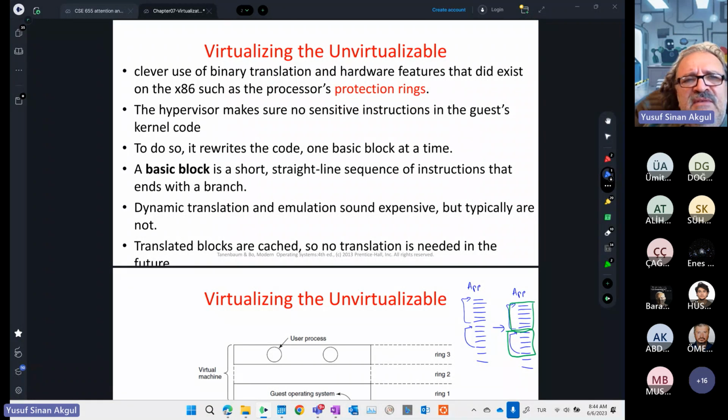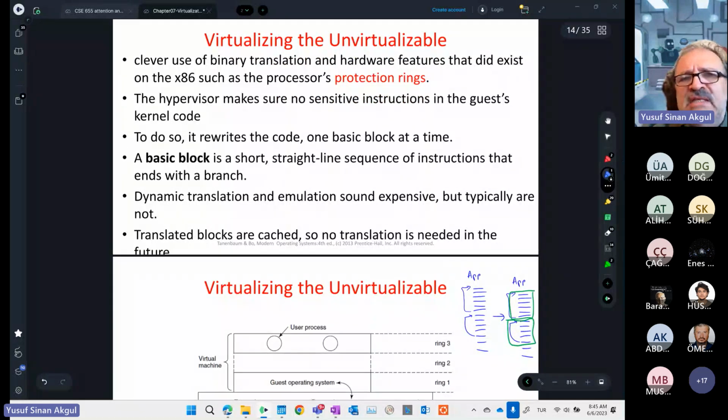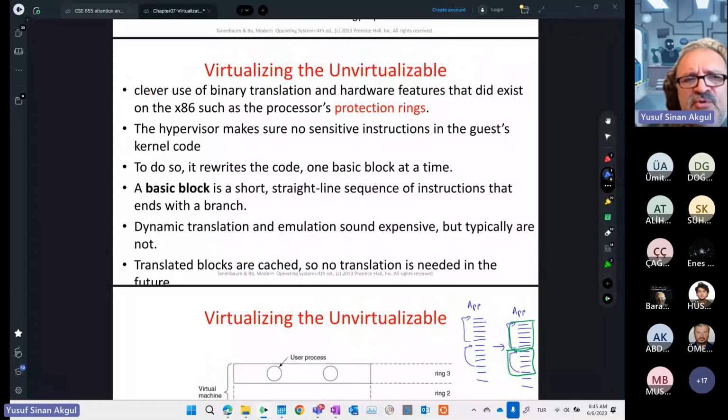But if it tries to run sensitive code on the hardware, then that's a problem. So the hypervisor itself needs to make sure that no sensitive instruction is in guest kernel code. So if I don't have hardware support for virtualization, this is what you do.